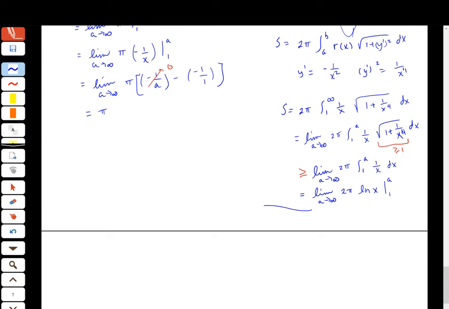So this becomes the limit as a goes to infinity, 2 pi, natural log of a minus the natural log of 1. What is the natural log of 1? 0. And what happens to the natural log as a goes to infinity? It goes to infinity. So then that becomes infinite. This diverges.